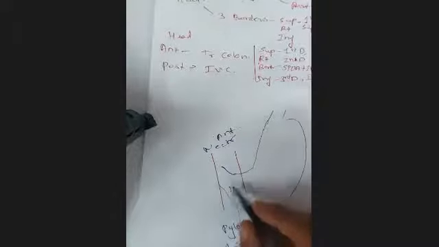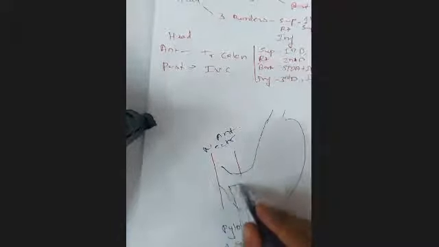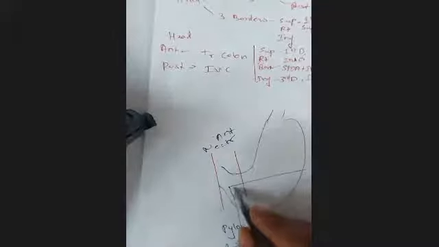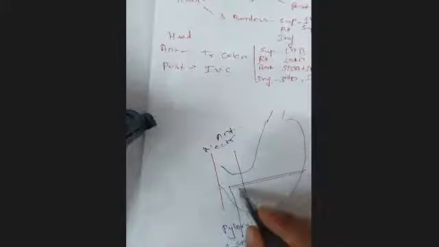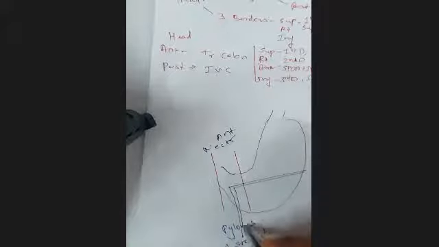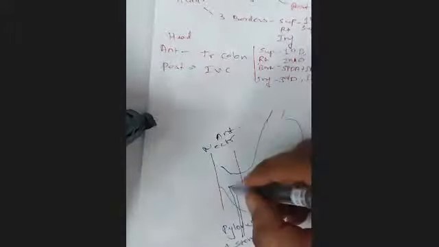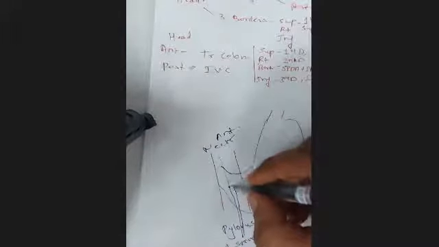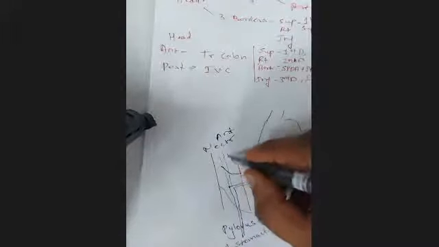And posteriorly, behind the neck, there are the superior mesenteric vein and the splenic vein, which are uniting behind the neck to form the portal vein.